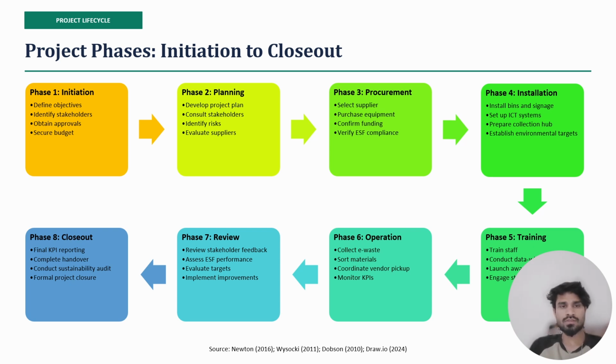And the last one, phase 8, closeout, completes all the final KPI reports, handover documents, and the sustainability audit, and formally closes the project, leaving clear records for future initiatives.